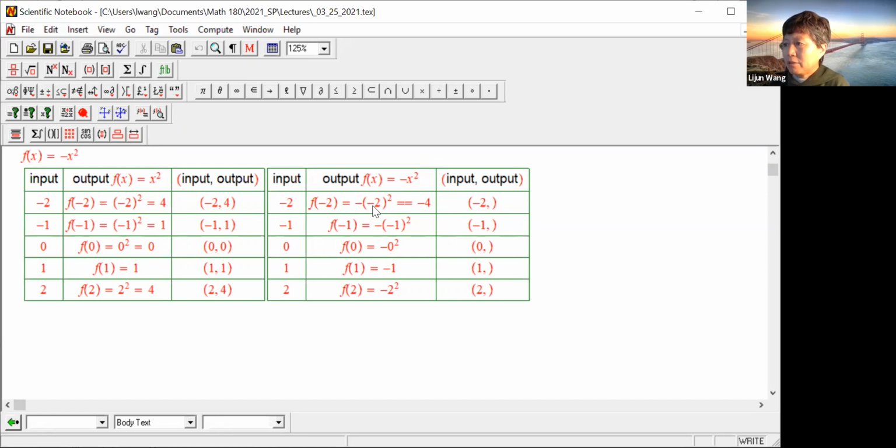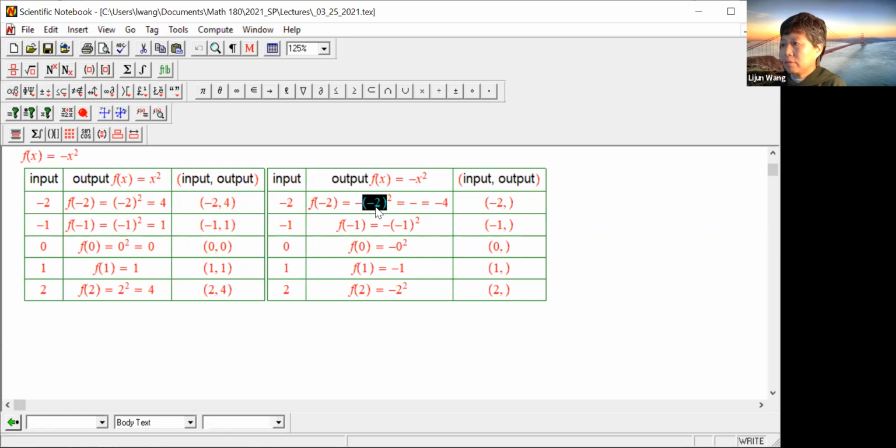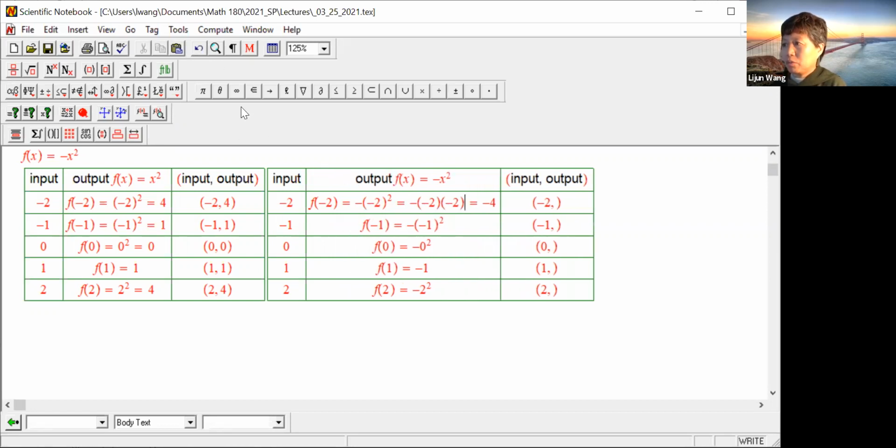If you look at negative of -2 squared, it really means the negative sign, and -2 times -2. This is very different from this, okay? -2 squared is -2 times 2, you follow me? It's also equal to -4.